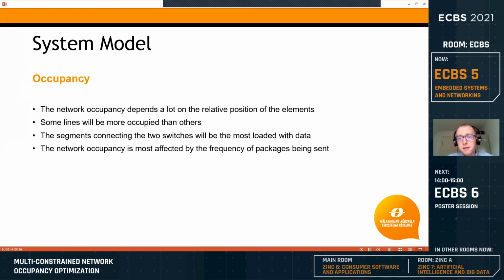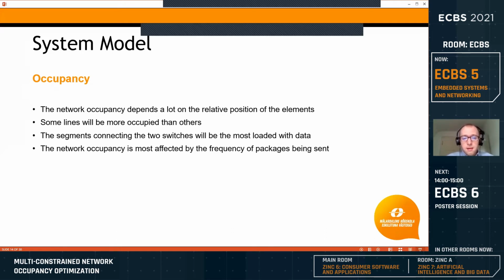To get the network occupancy of the whole network, one just sums the network occupancies of the segments. As I said, some lines are expected to be more occupied than others. Network occupancy also depends a lot on the relative position of the elements in the network topology, and it is naturally most affected by the frequency of the packages being sent, or the number of packages and data through the network.